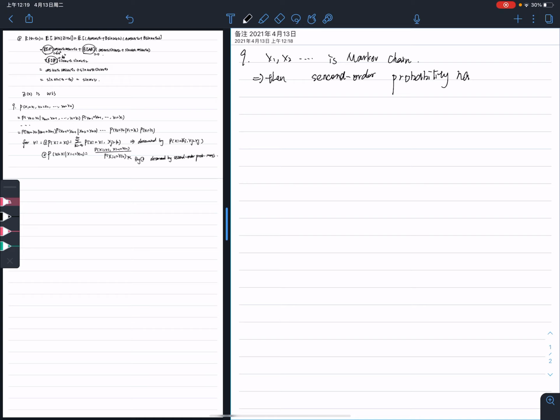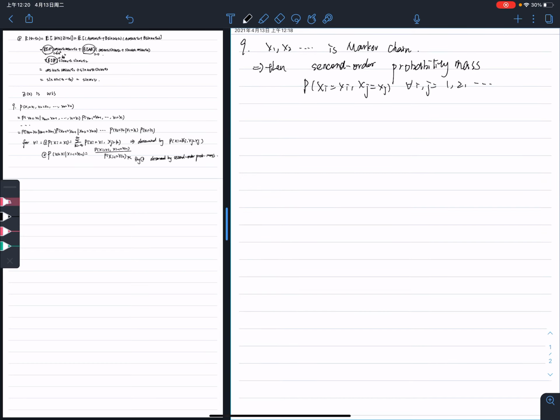So what is second order probability mass? It means the probability that the variable Xi equals value xi and Xj equals value xj, for arbitrary i and j in 1, 2, and so on to infinity. So we are going to show this property.